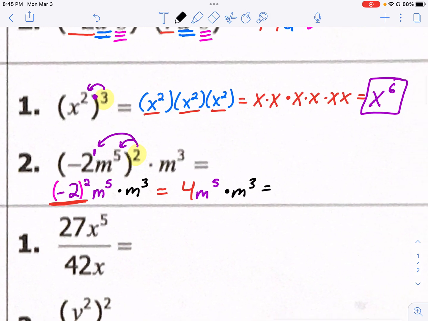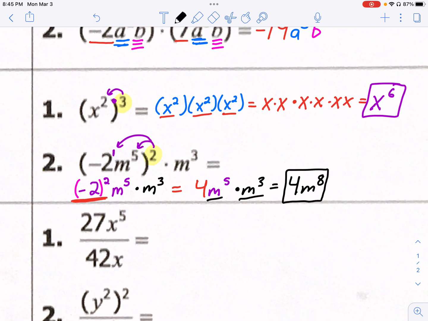All right, from there, all we're going to do is multiply, and I'm going to get 4m to the 8th. Again, here all we did was the product rule. I had 5 on the left, 3 on the right. Add them up and we get m to the 8th. And again, it's just a 4 there because there's nothing there, or you could have done 4 times 1.